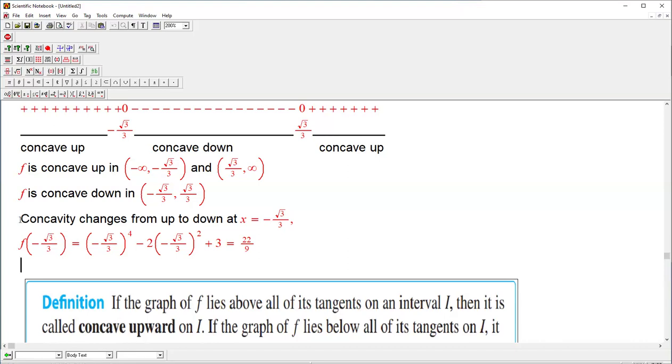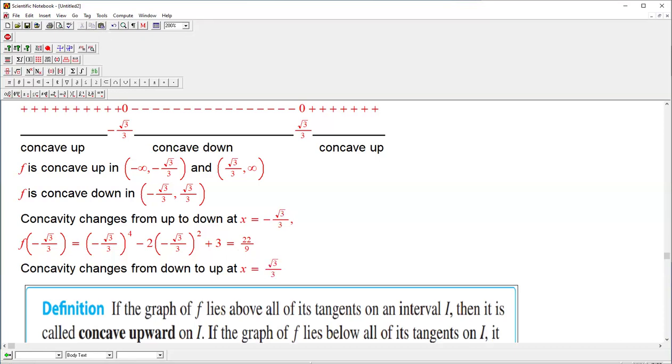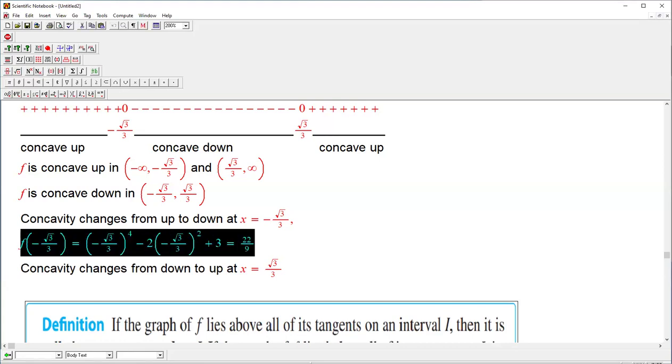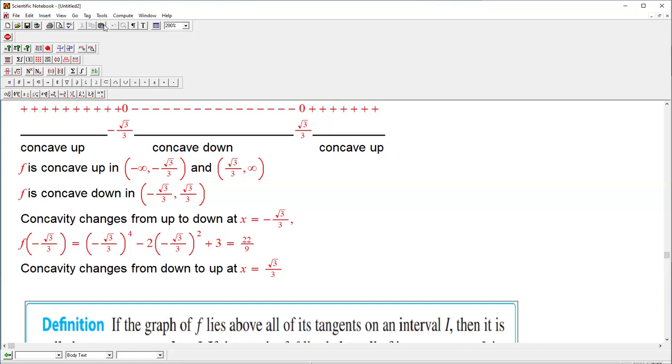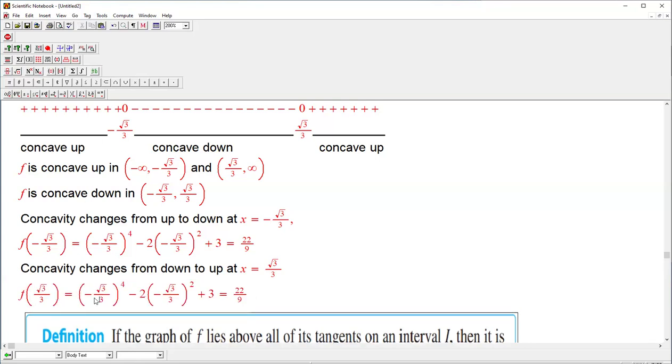And we also say concavity changes from down to up at the other number, x equals √3/3. So we do the same plug-in one more time in the function. They actually equal the same value because in the original function we have power 4 and power 2.